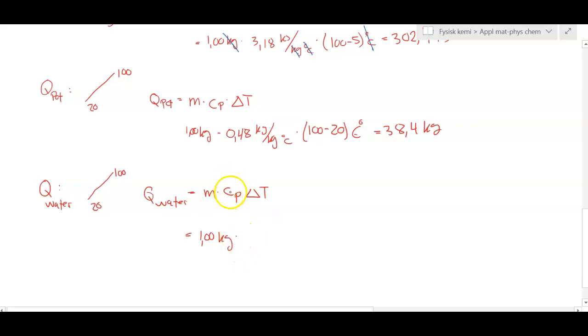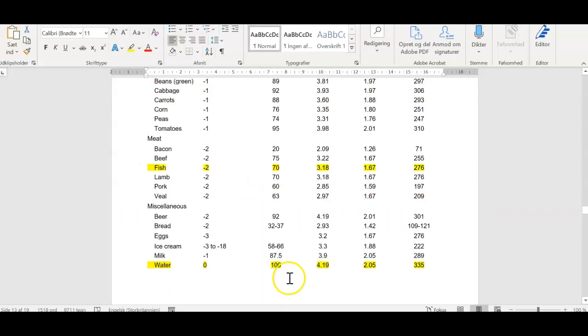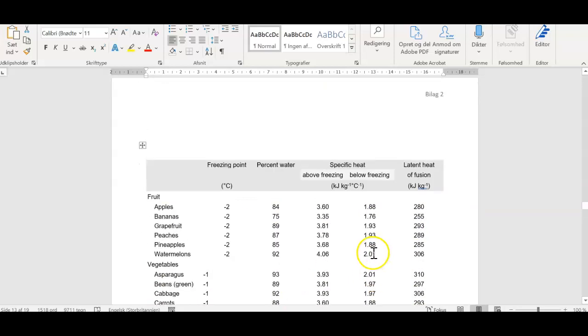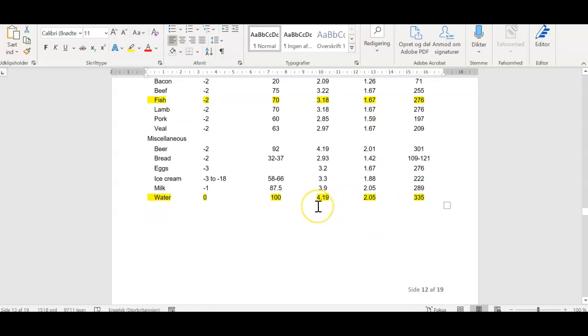times the heat capacity of water, and we found that here. Heat capacity above freezing, 4.19.